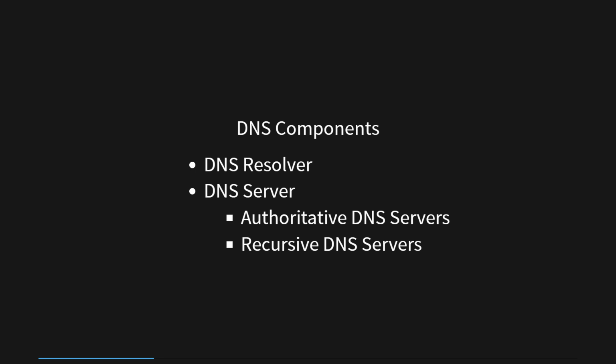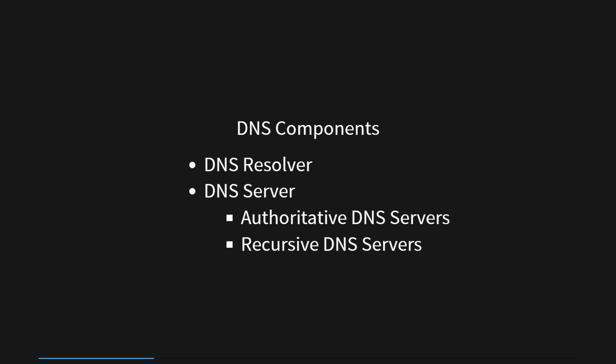On the other side, we have the DNS server, a server-side component that stores DNS records and responds to DNS queries. There are two main types of DNS servers: the authoritative DNS servers, which hold the actual DNS records for specific domains, providing the definitive answers when queried about a domain, and the recursive DNS servers, which aid DNS resolvers by fetching DNS records on their behalf.